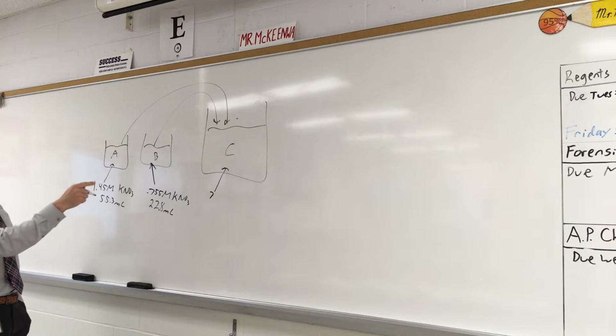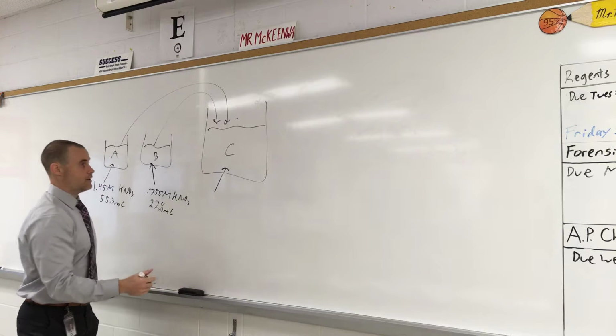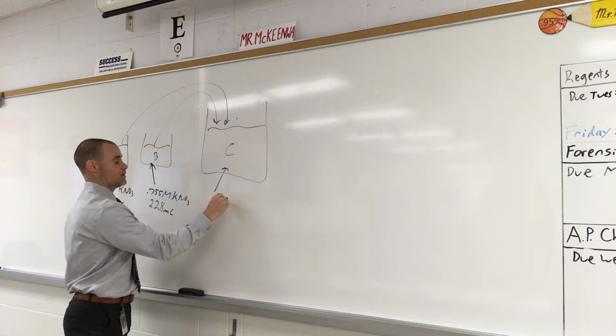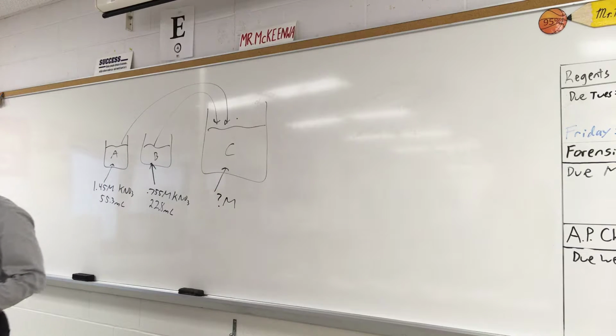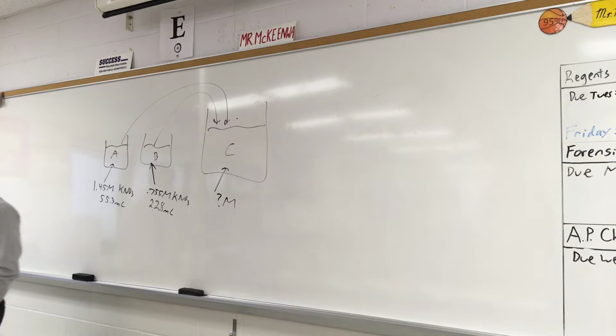If these two solutions are mixed, calculate the final molarity. So what is the molarity of the final solution? And we assume the volume is additive. Again, 55.3 and 22.8, we're assuming they combine completely, ignoring the forces of attraction that could screw it up.